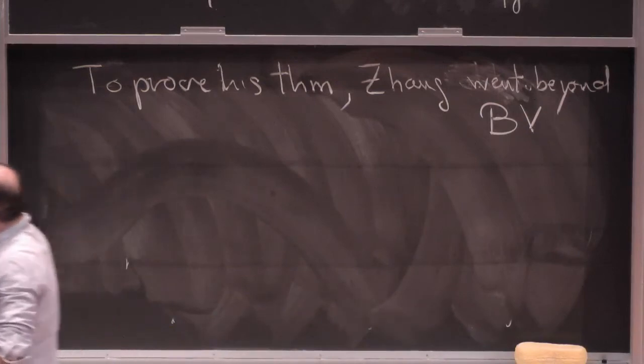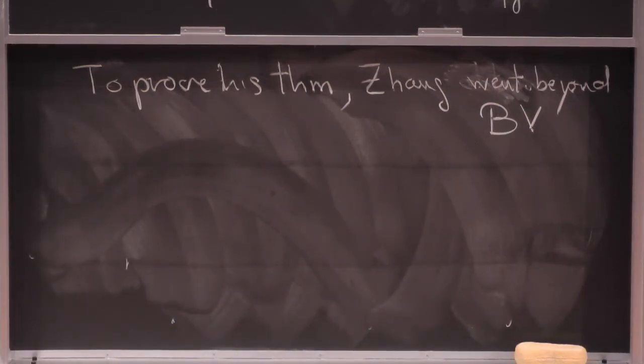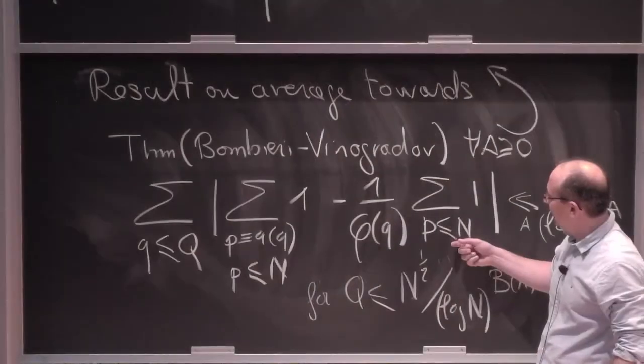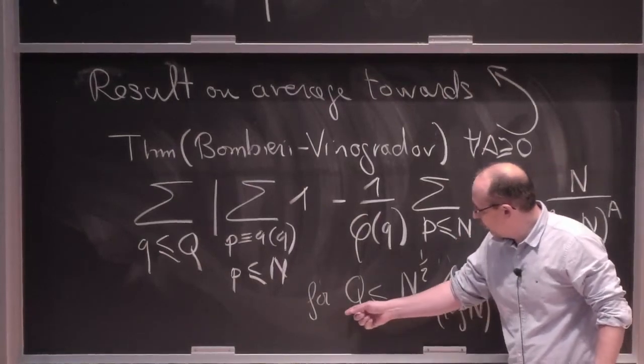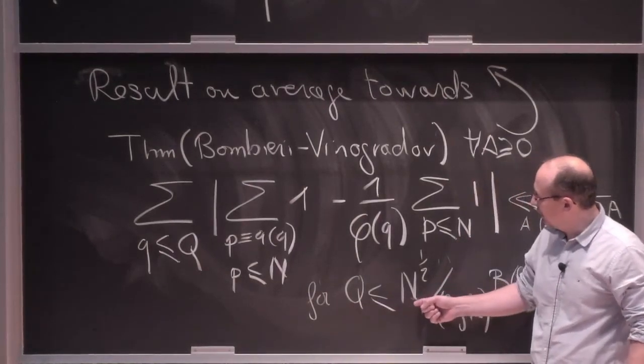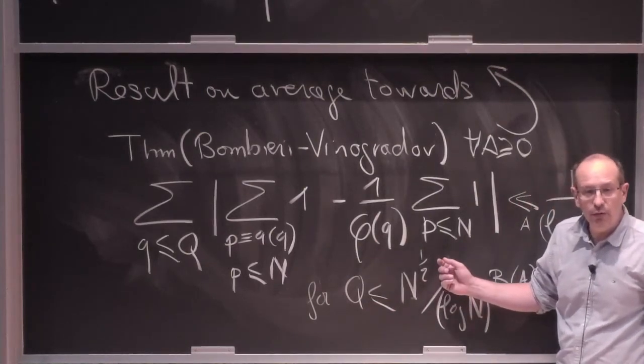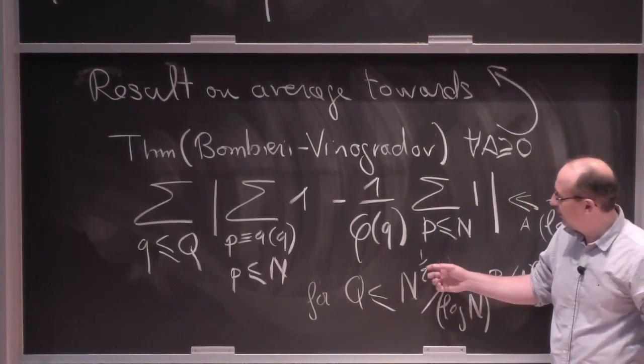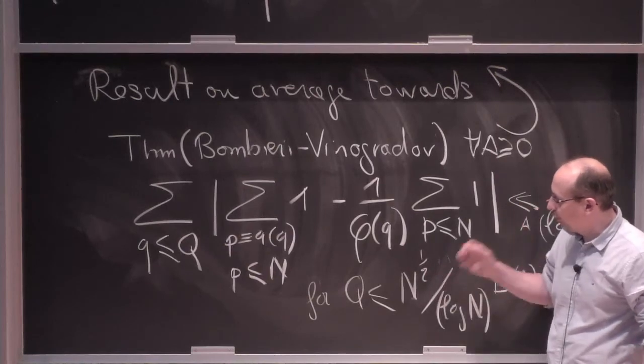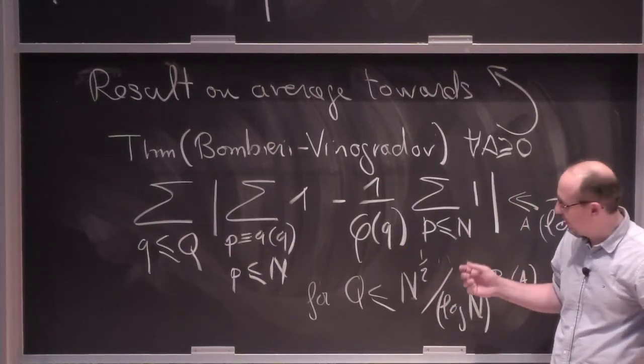So he obtained a result very analogous to this one, but with the modulus going a little bit above 1/2. And then the exponent which was above 1/2 was later improved in Polymath.